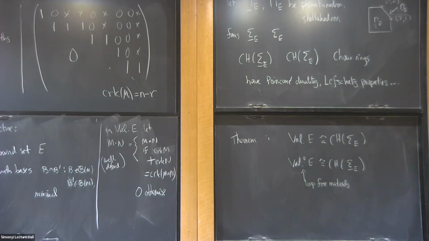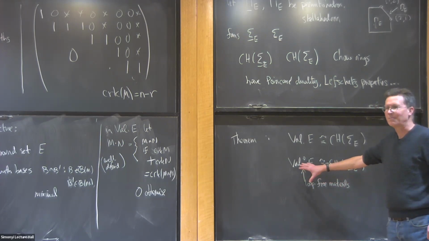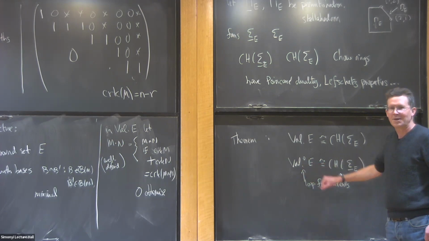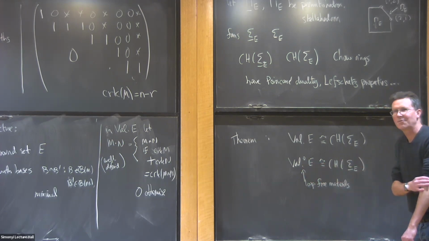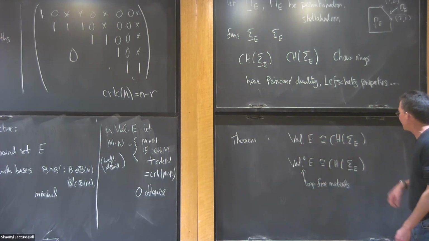I allowed matroids with the possibility of loops, but if you look at a matroid polytope, the vertices were bases, so you don't really see the loops. They never show up in a vertex. They're just like bonus coordinates that don't do anything. So you could probably have had a variation of everything we said where you look at matroids without loops. It turns out that for technical reasons, it's better to allow loops.